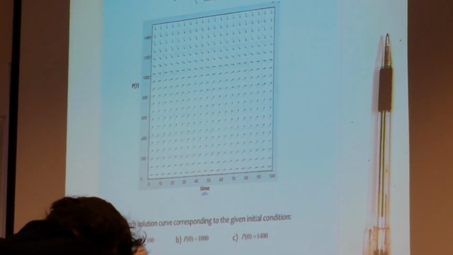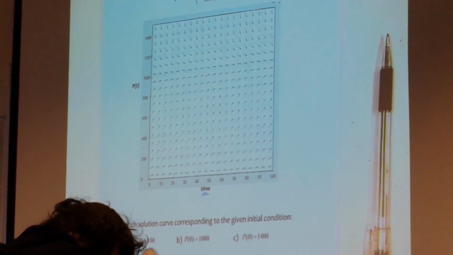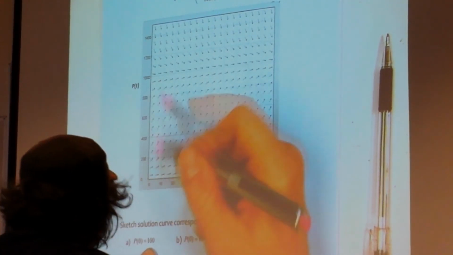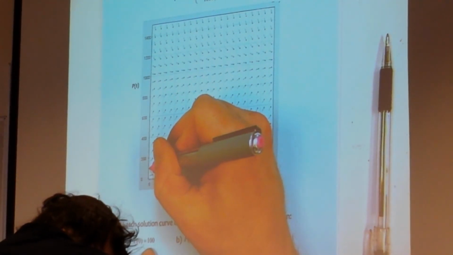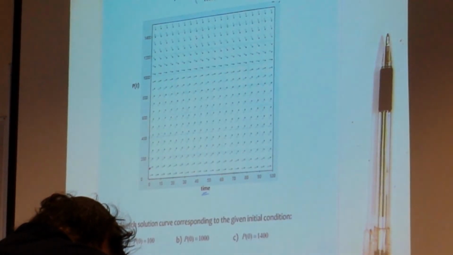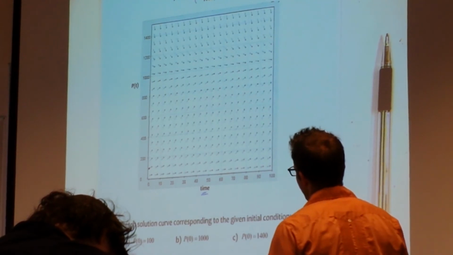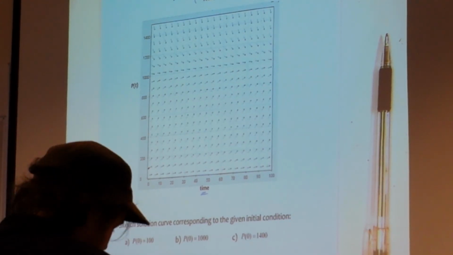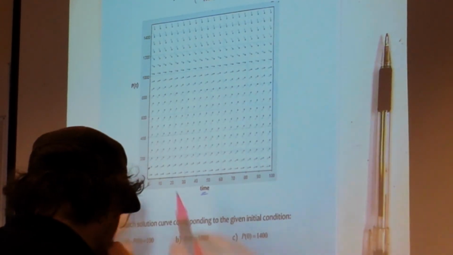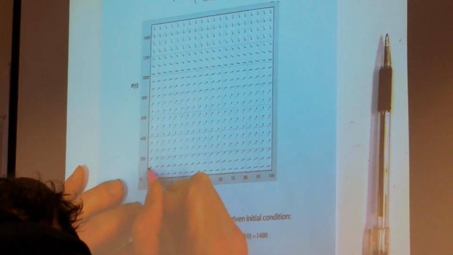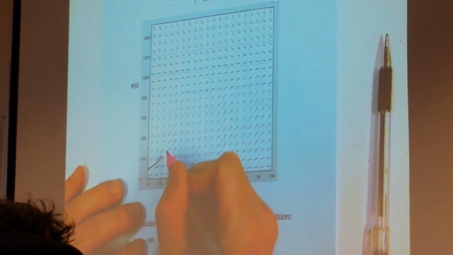So if we know that at time 0, P of 0 is 100, where is that on the graph? How about right here, (0, 100). Then we can follow the direction field and generate a curve. So what will that look like? Well, about like that, and then it starts to increase.